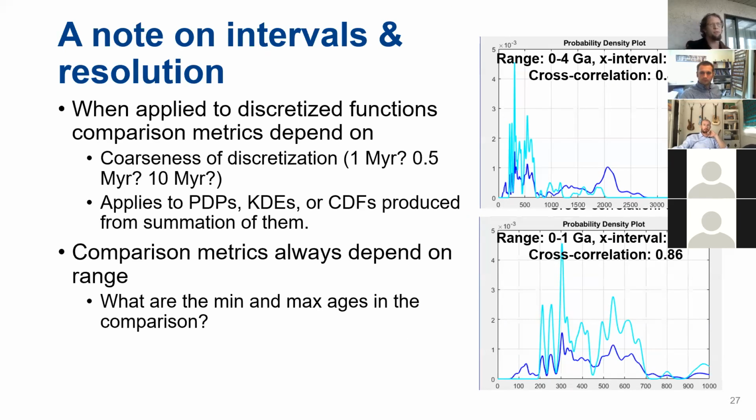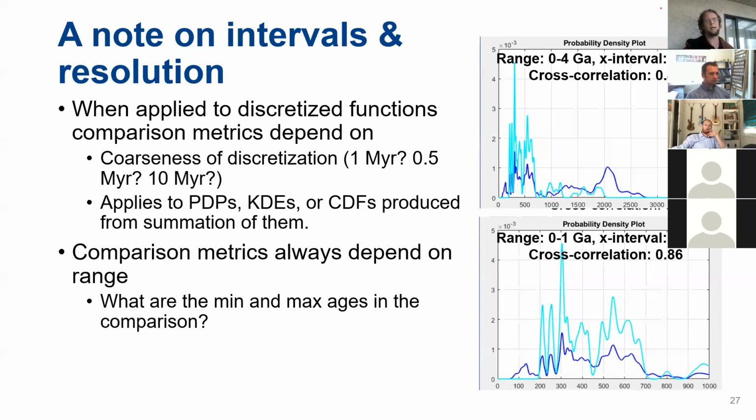It doesn't really. The number of analyses gets to how well you're sampling the underlying population, so how close your sample PDP matches some theoretical population PDP. But once you've taken those analyses and turned your 10 grains or your 1,000 grains into PDPs, you can discretize those PDPs at the same resolution.